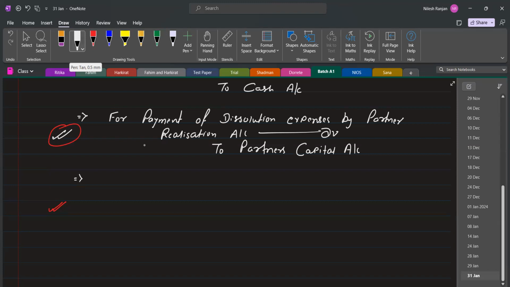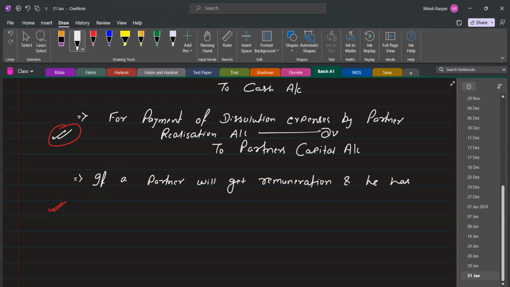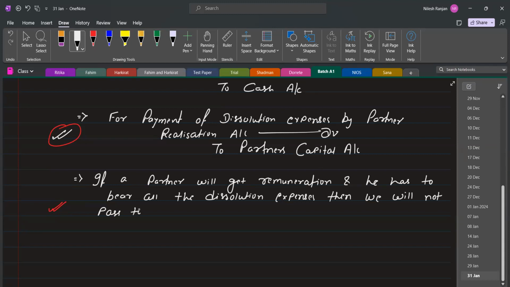Okay, sir. So I'm writing here, if a partner will get remuneration and he has to bear all the dissolution expenses, then we will not pass the journal entry for actual expenses.